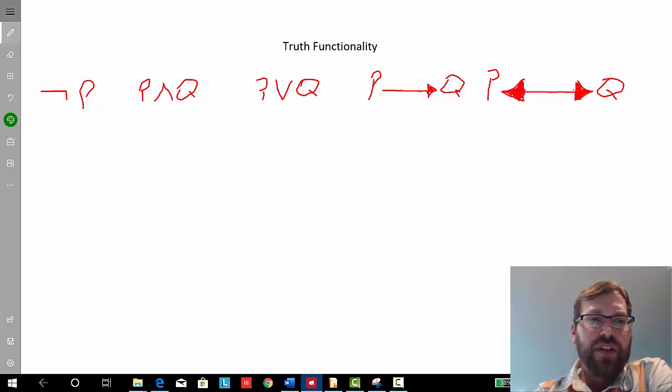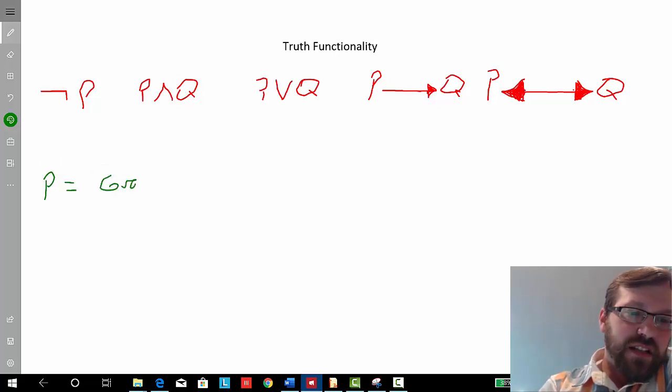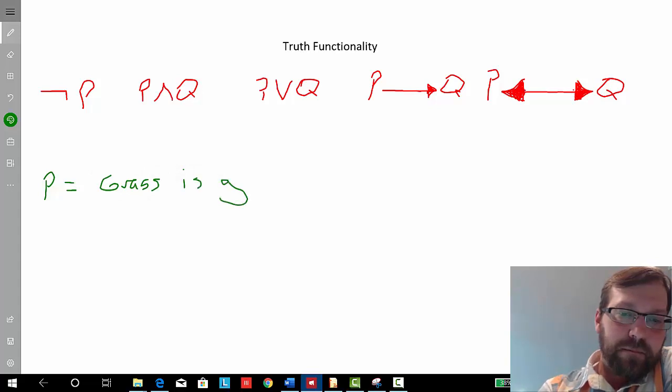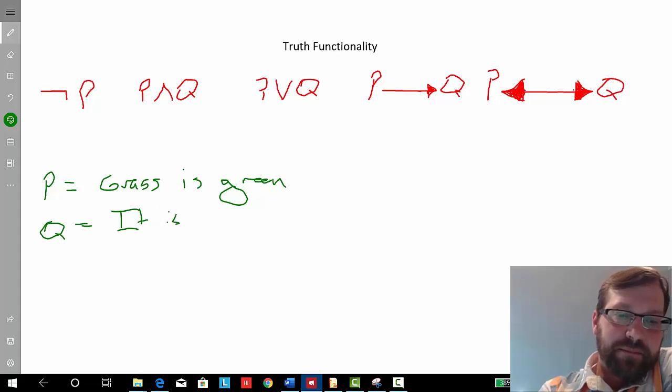First, let's suppose that P says that the grass is green. And let's say Q says that it is cold outside.